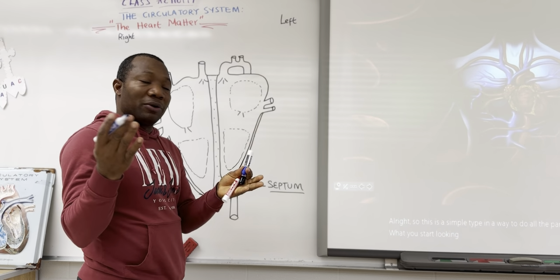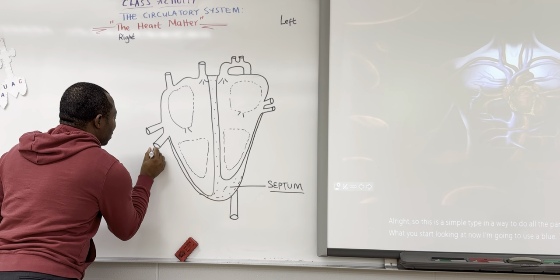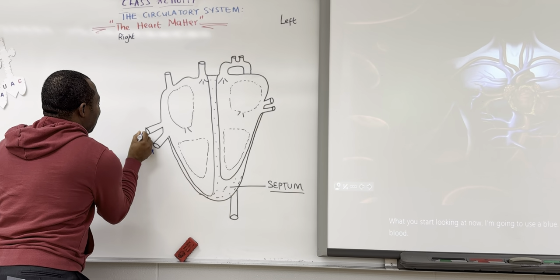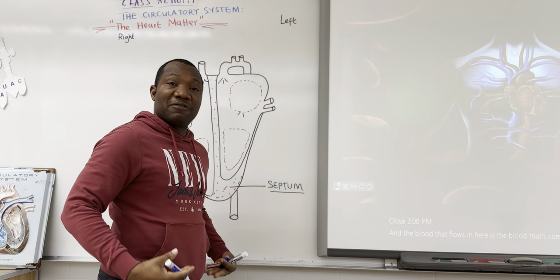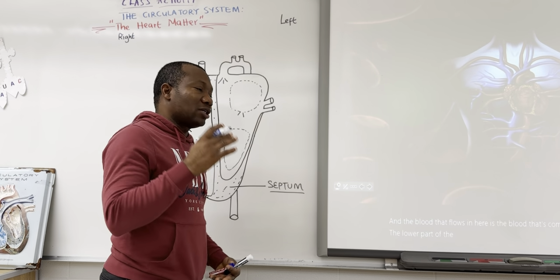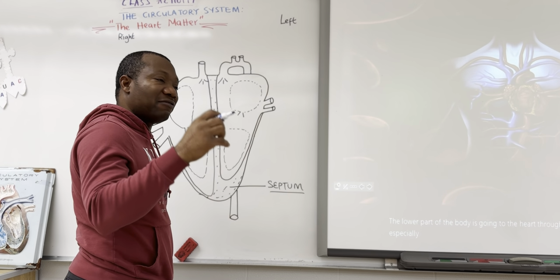Now I'm going to use the blue. That means from here, the blood flows in here. And the blood that flows in here is the blood that's coming from the lower part of the body, going to the heart through what we call the vein, a special vein that is known as vena cava.